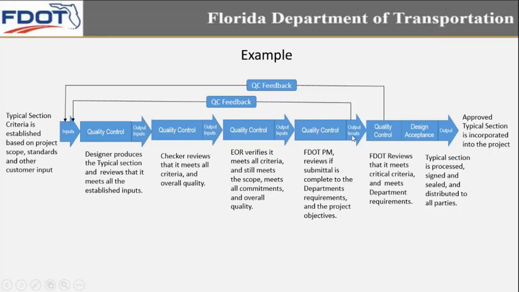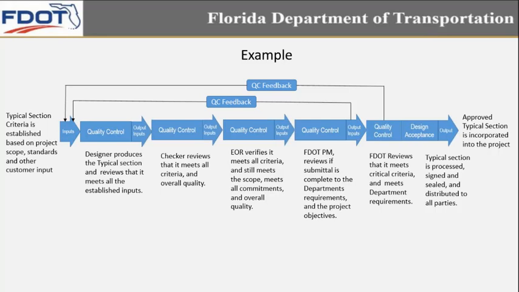And obviously, if it goes through that loop, it has to pass through each of these stages to make it back again. Likewise, if it gets to the FDOT review, it could be that it doesn't fully meet the department's criteria.